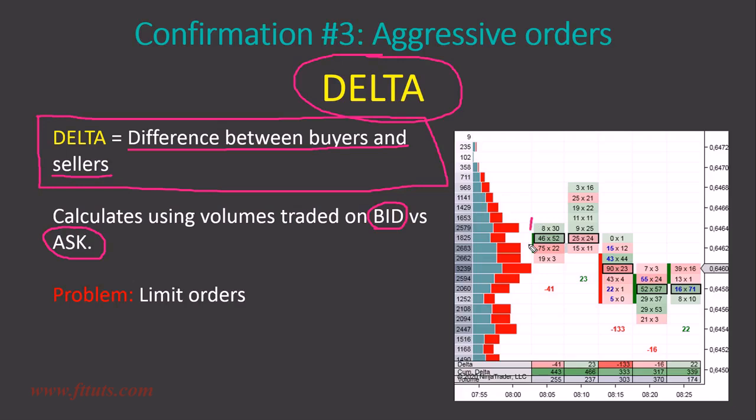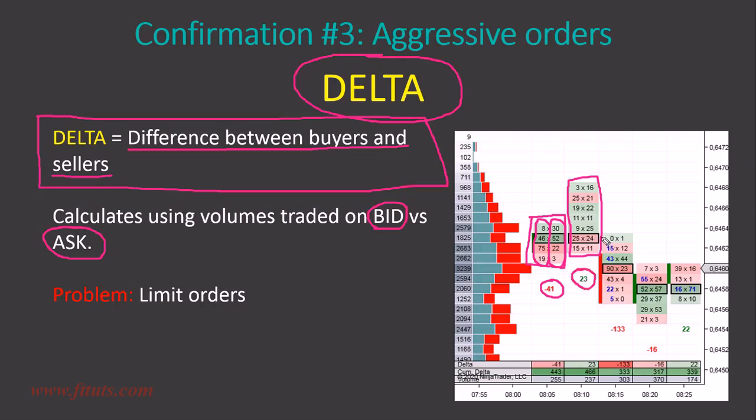So if you look, for example, at this footprint, then the sum of all those numbers minus the sum of all those numbers is minus 41. This means that there are more aggressive sellers than aggressive buyers. You can see the delta below each footprint.